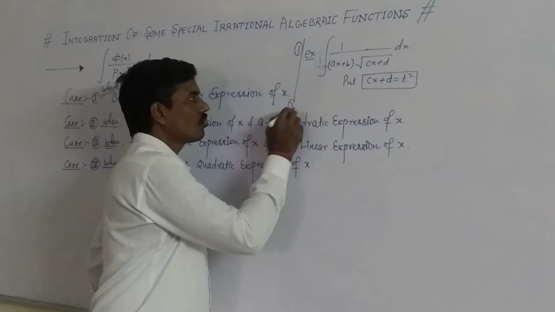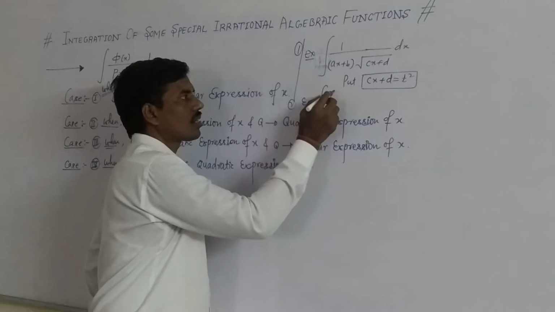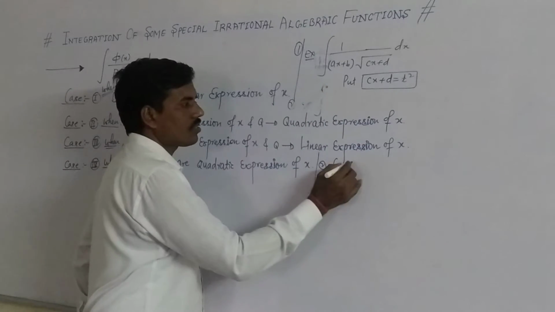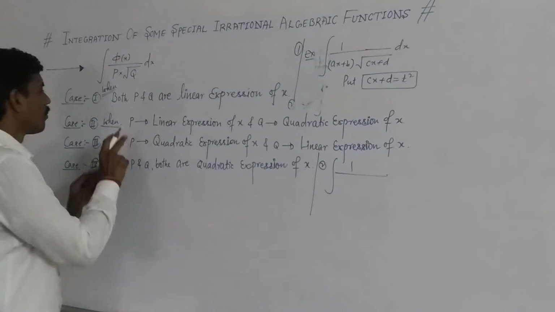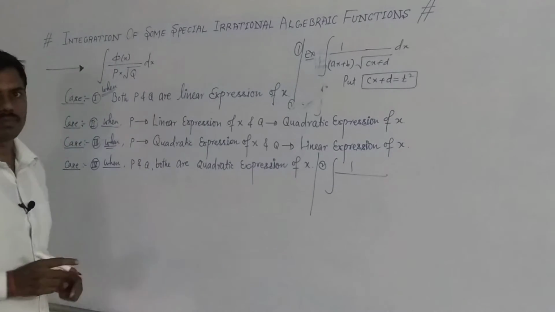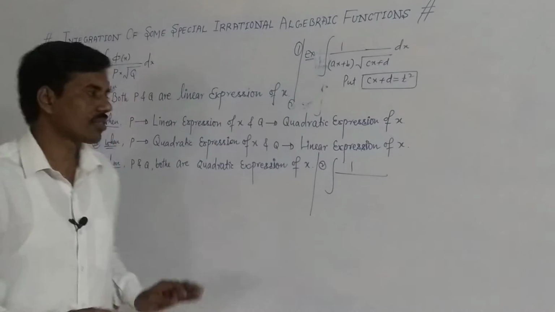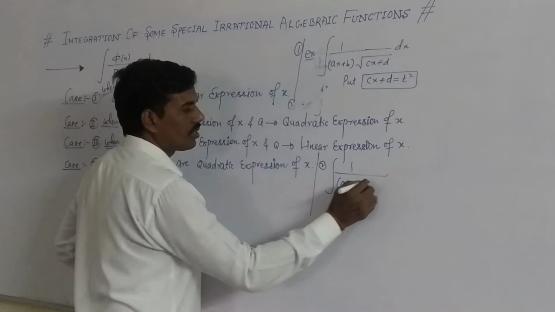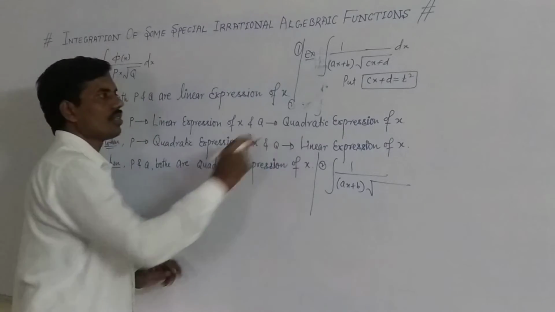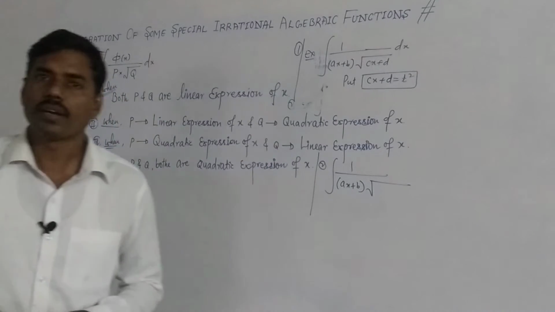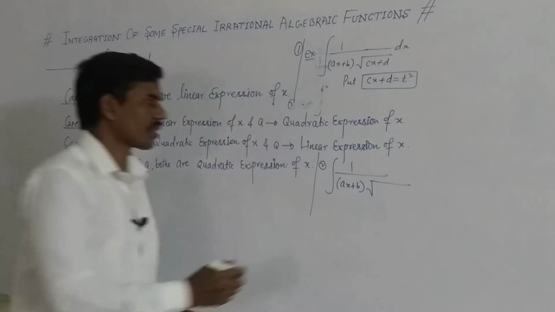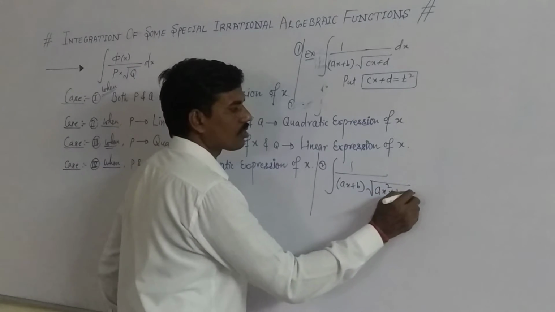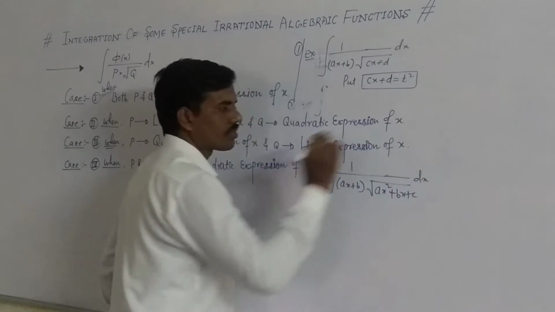In case 2, if we take an example, it is written as 1 upon p, where p is a linear expression, suppose ax plus b, into under root of q, which is our quadratic expression, ax square plus bx plus c, dx.